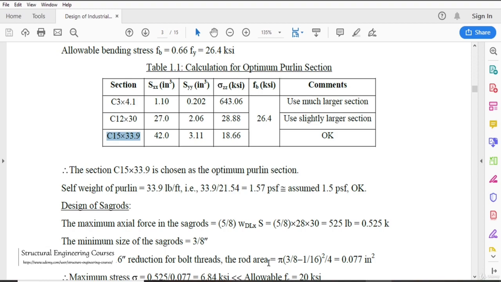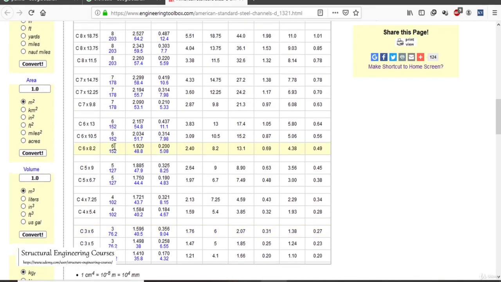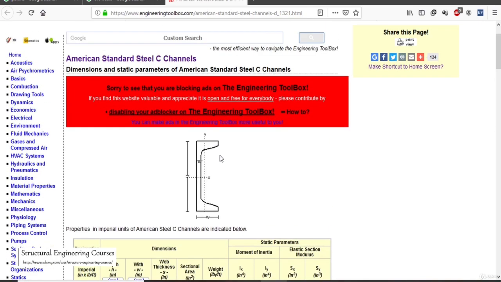Similarly, if we want to study other sections, suppose we go for the C6 into 13, in that case the height of the web is 6 inches and the weight is approximately 13 pound per foot. I repeat, this is the web from this point to this point, and these are the two flanges.